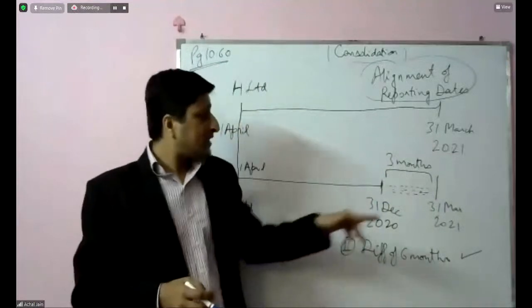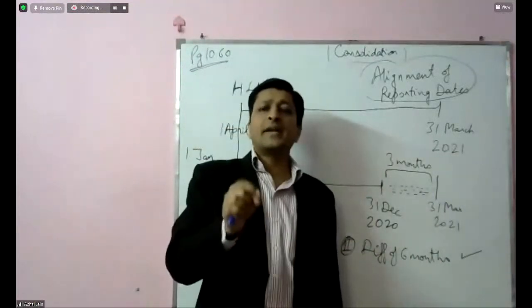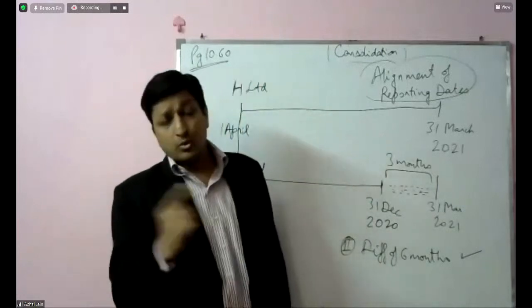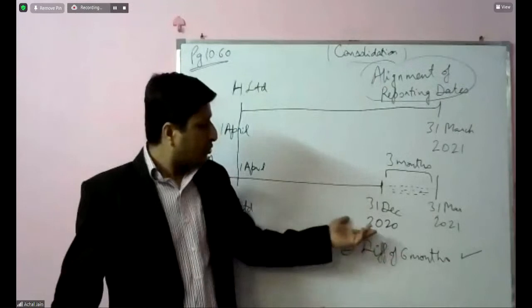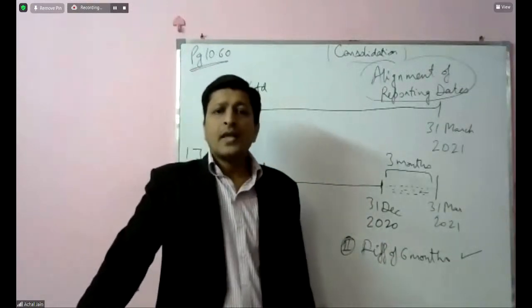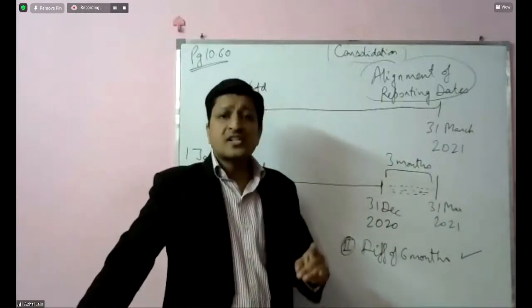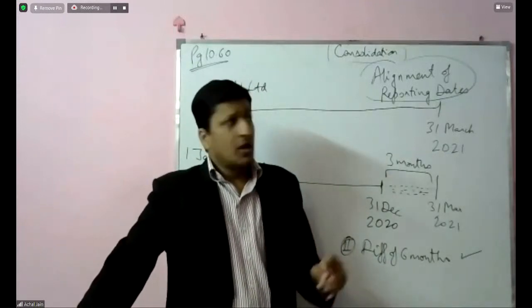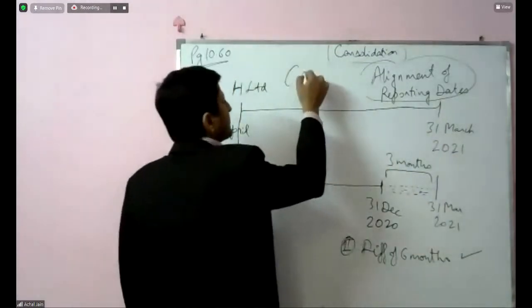Let's suppose in these 3 months, some significant transactions have been recorded, though those are not appearing in the financial statements because they have been reported up to 31st December only. In such a scenario, what does the standard say? That those significant transactions should also be captured in the CFS.